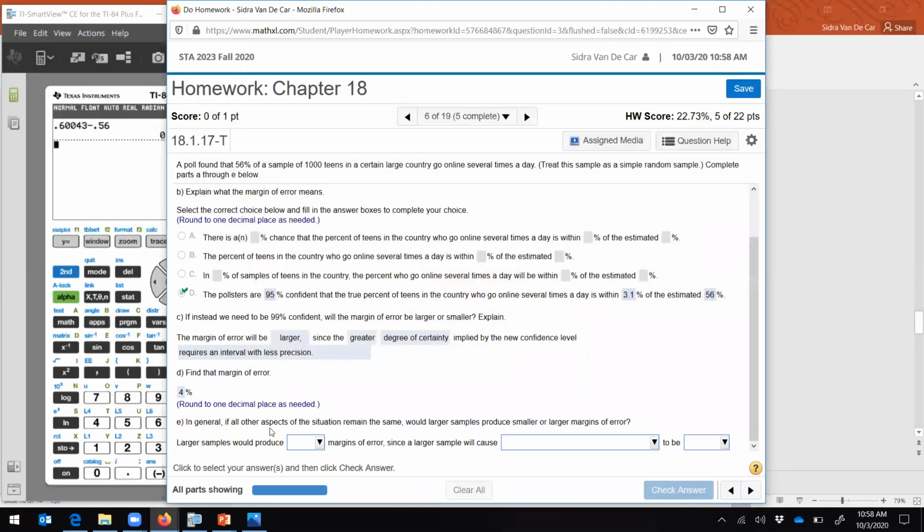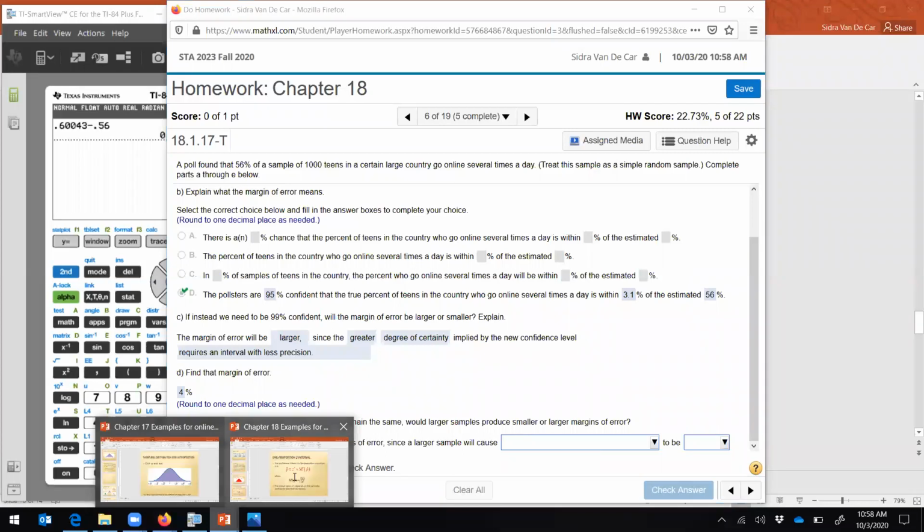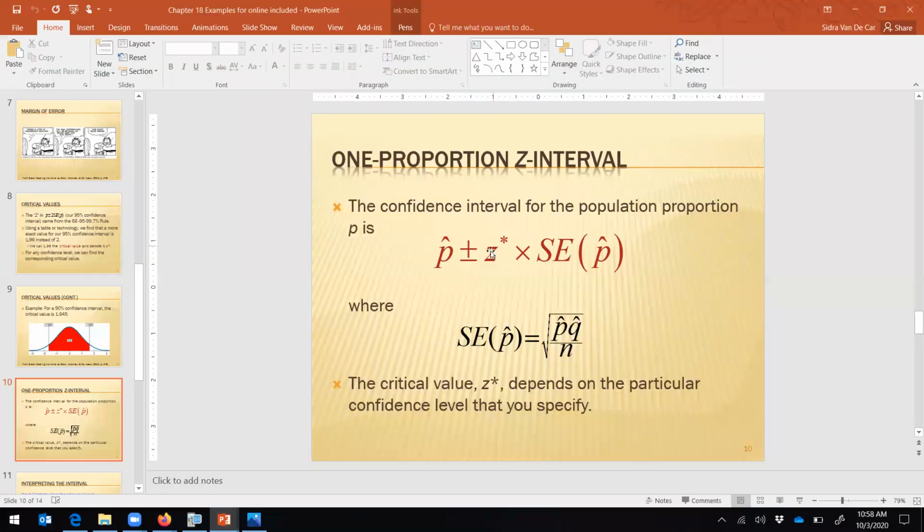In general, if all other aspects of the situation remain the same, would larger samples produce smaller or larger margins of error? Look at this, this is my margin of error right here. See this? This is the critical Z times this formula. Look at where the sample size is. It's in the denominator of the fraction.